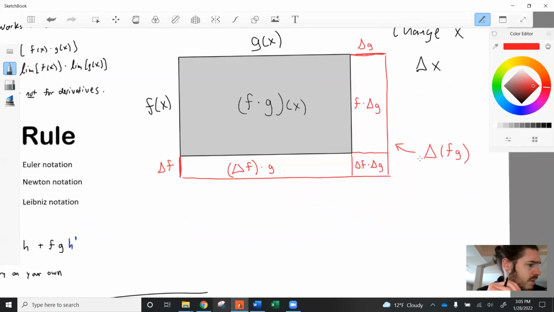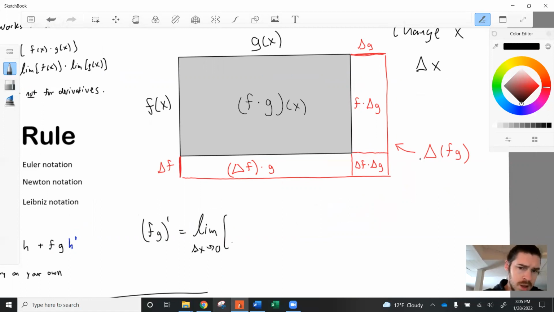So when we want to know the derivative of f times g, we would be talking about the limit as delta x approaches 0 of delta fg divided by delta x. But our delta fg can be broken up into these parts.